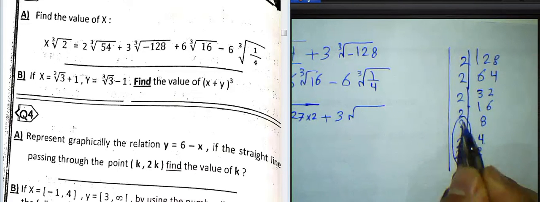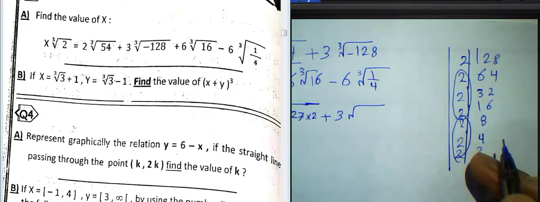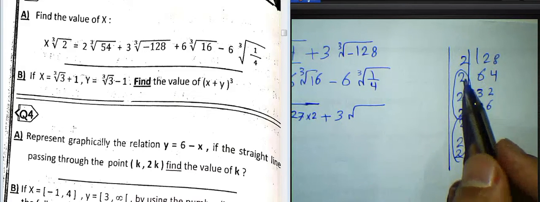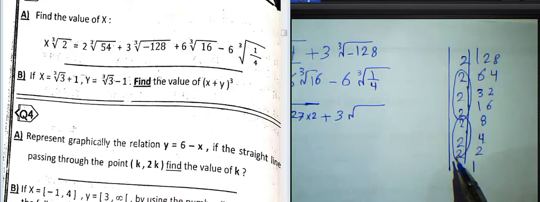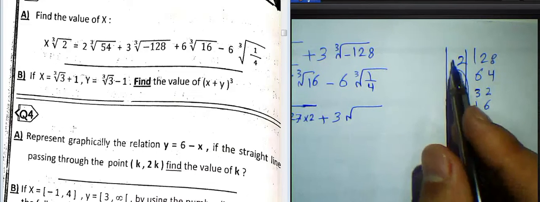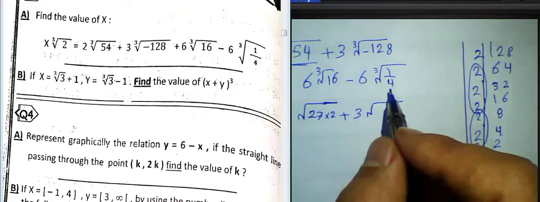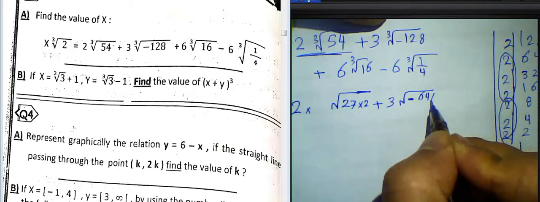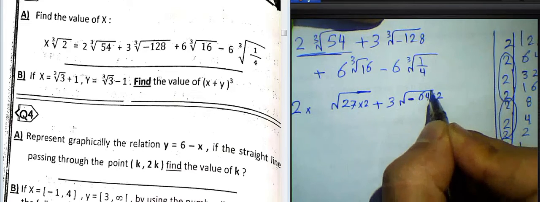We can choose 3 digits here: 2 multiplied by 8 multiplied by 8. 8 times 8 equals 64. So 64 times 2, we can write here 64 times 2.